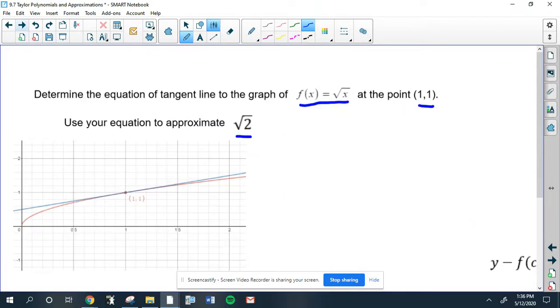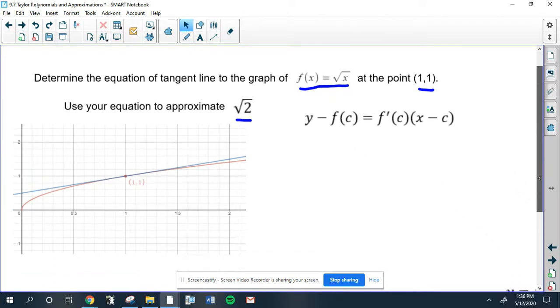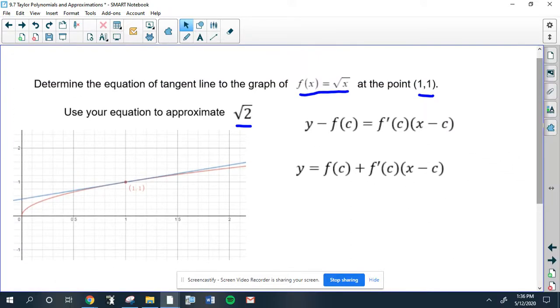So you remember what the equation of a tangent line looks like. I'm just going to bring this f of c over. So we have y equals f of c plus f prime of c times x minus c.